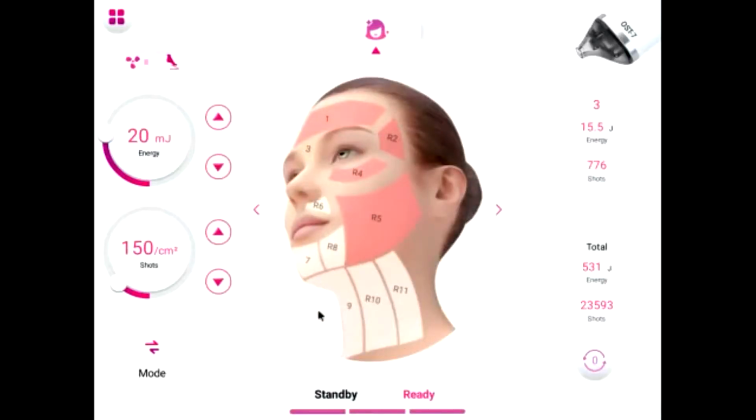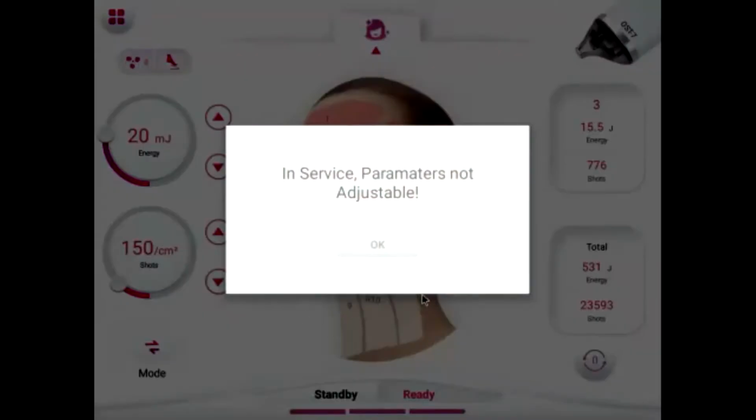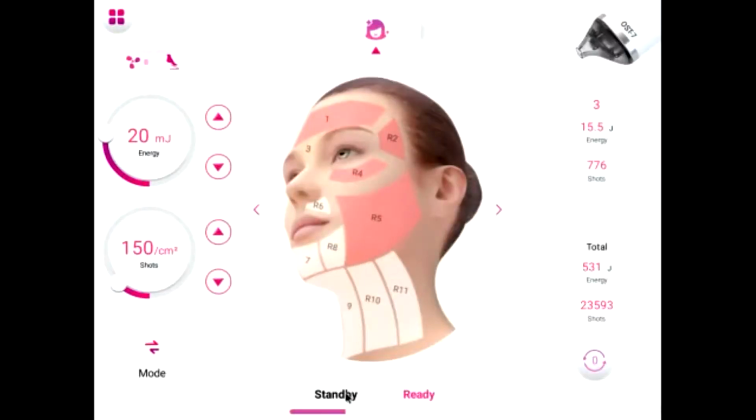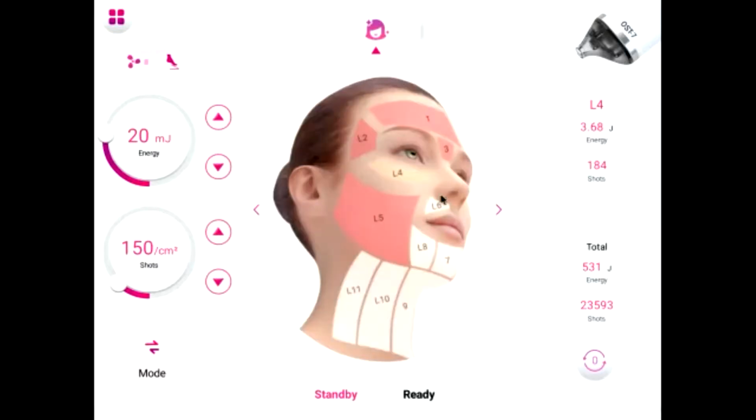Now we'll do the other part around the mouth. 6 first.